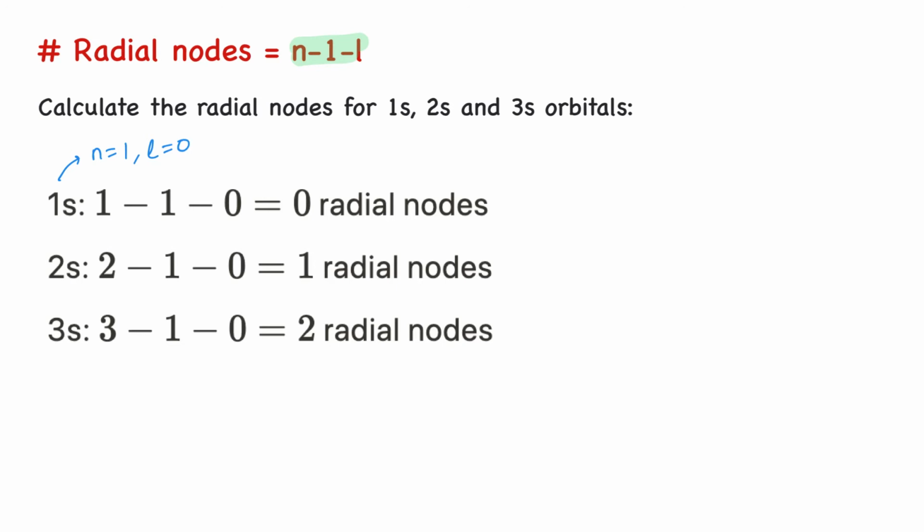For 2s, the n value, that is the principal quantum number, is 2 and the angular momentum quantum number is still 0. That is 2 minus 1 minus 0, which comes out to be 1 radial node. Similarly, for the 3s orbital, we get 3 minus 1 minus 0, which is 2 radial nodes.